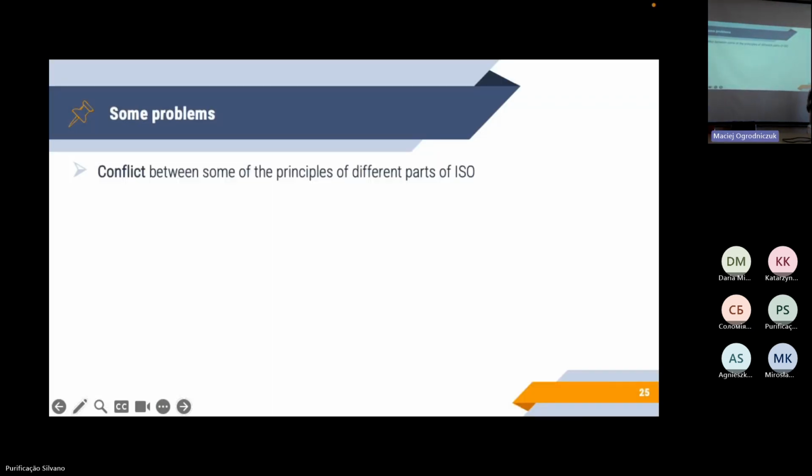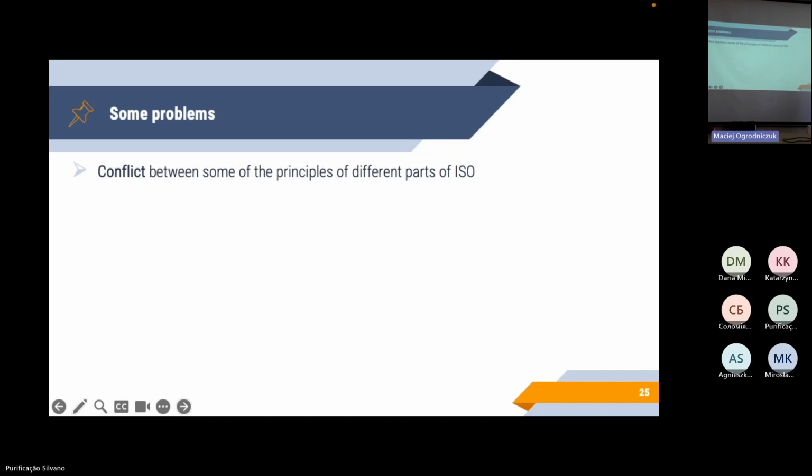Okay, so now coming to the problems. As I told you, this ISO was built separately. There is one part, part 6, that talks about the principles of this annotation framework, and they cover some of the problems that we may encounter when we try to combine the different parts.